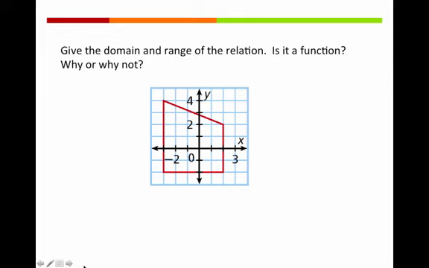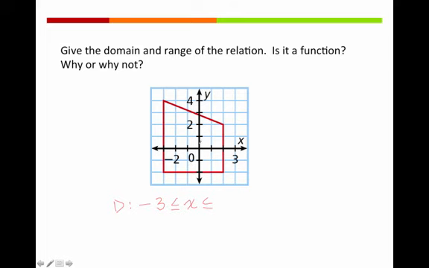All right, so I'm looking to see what the domain and range are of this relation and determine if it is in fact a function, and then I want to know why or why not. So I've got my x values for my domain, and my least x value is over here at -3, it looks like, -3.